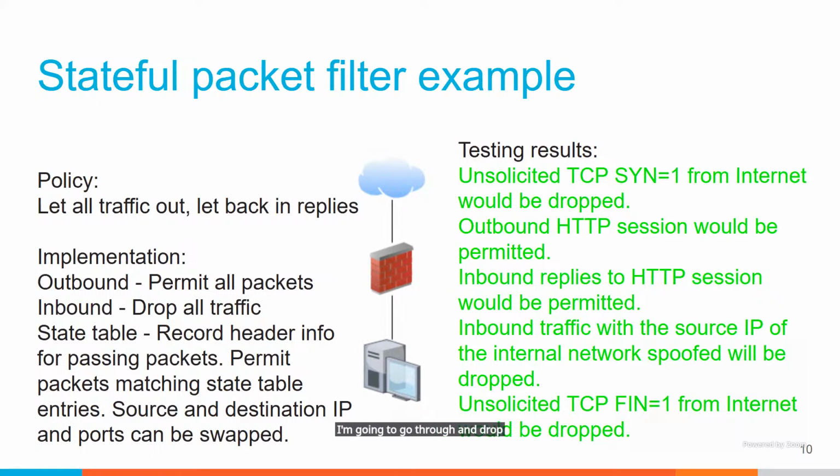One of the things that happens with the stateful firewall that a lot of folks miss is that the rules you see in your rule base are not necessarily the first thing being processed. Most commercial firewalls will process the state table first, and if they don't see a state table match, then they'll match against the rules themselves. And that whole process tends to be kept invisible from you.